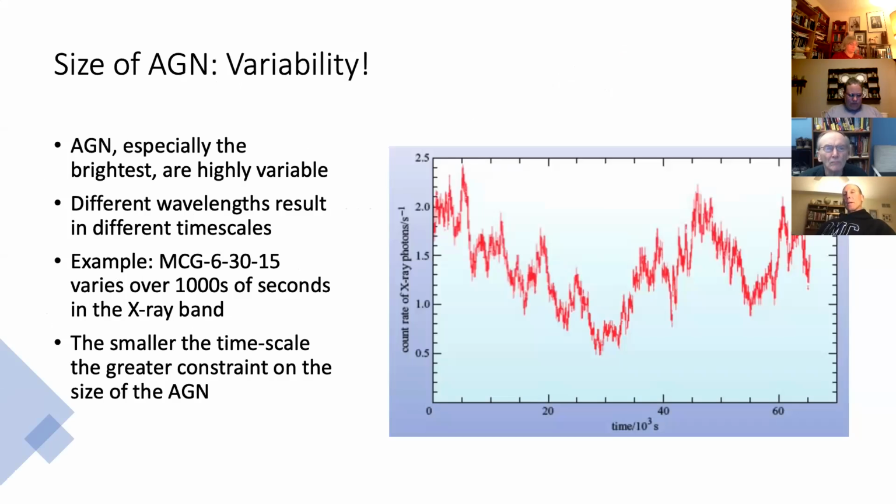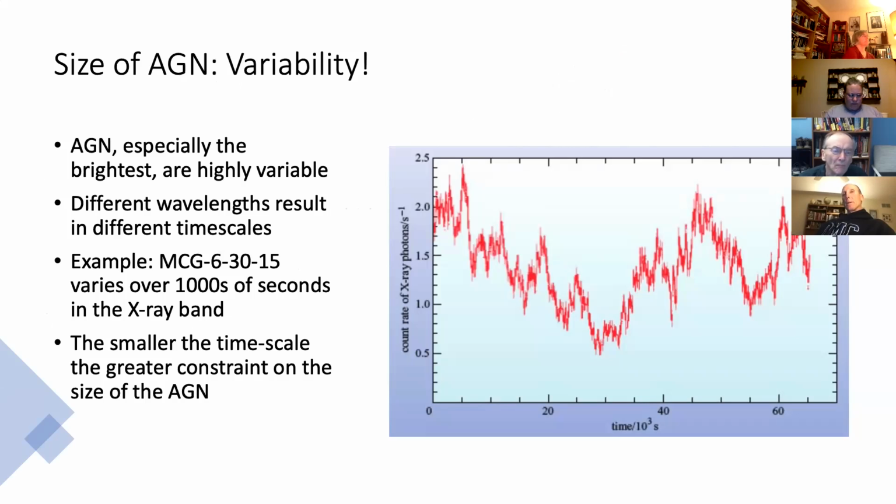There's another type of study that we're able to do to constrain the size of this compact, what we now are beginning to see is a very compact region in the center of a galaxy, by variability studies: how much flux, or measured brightness, changes over time.